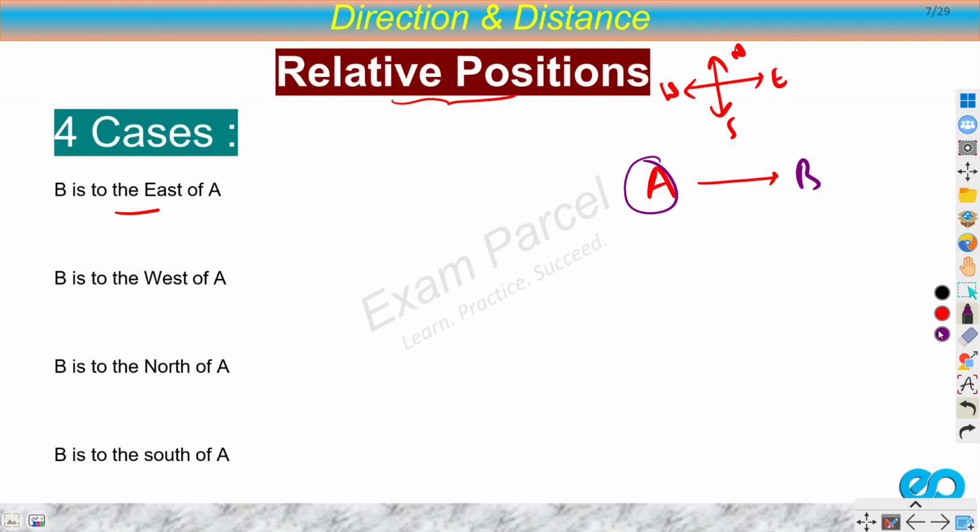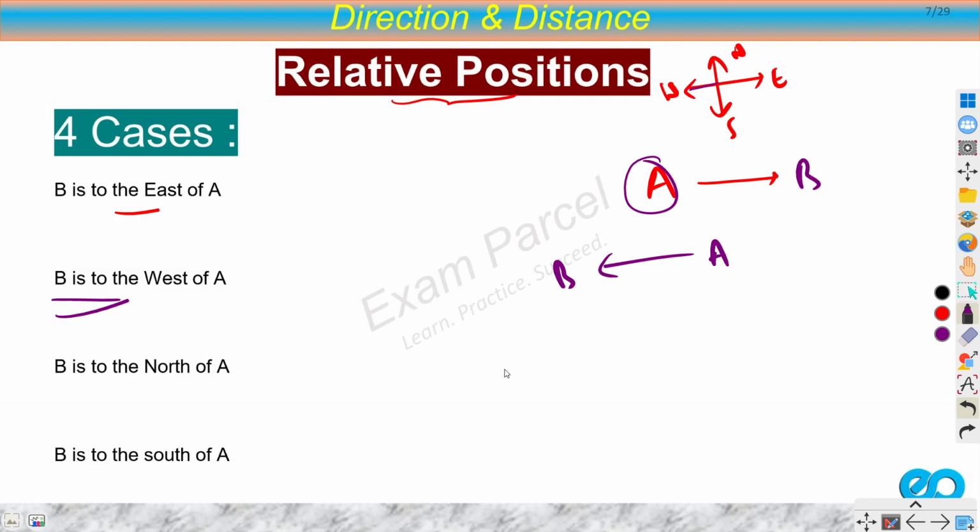B is to the west of A. We have to define with respect to A, so A is here and B is to the west of A. West is this direction, so this is B.